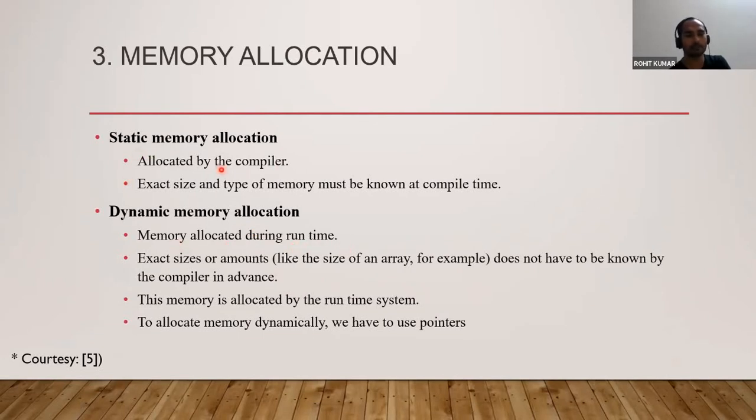So static means compile time, whether linking, loading, or allocation. Similarly, dynamic means at runtime. Here, the exact size and type of memory must be known at compile time, a priori, in advance. But if that is not the case, then you have to do dynamic memory allocation.